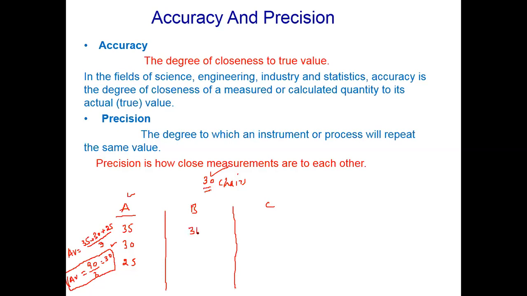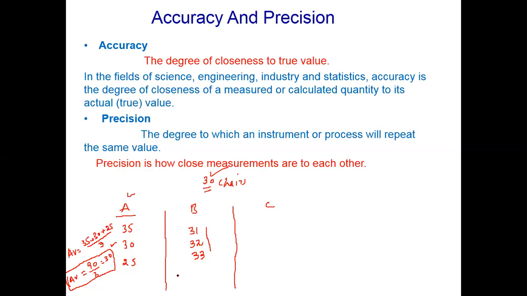According to, for example, B, there are how many chairs? Let's suppose 31 chairs. Again, he is counting and he says that there are 32 chairs. The third time he is counting and he says there are 33 chairs. So again, you can see the data are very close to each other: 31, 32, and 33. So we can say that the working of B is precise because all data are close to each other.